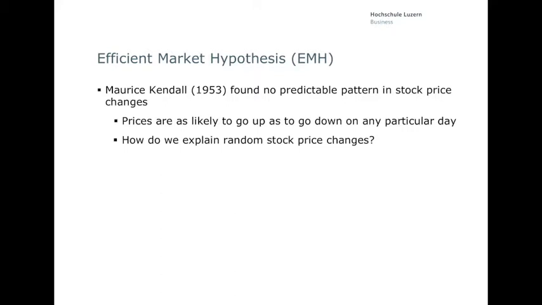It soon became apparent that random price movements indicated a well-functioning or efficient market, not an irrational one. New information, by definition, must be unpredictable. If it could be predicted, then the prediction would be part of today's information.